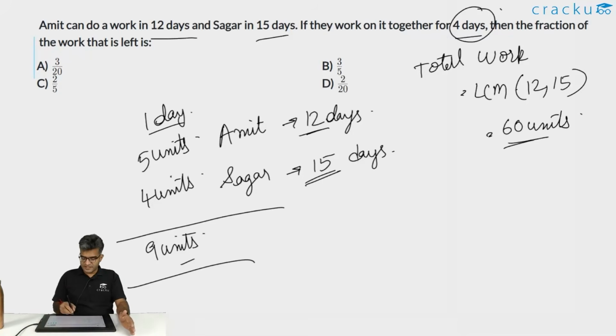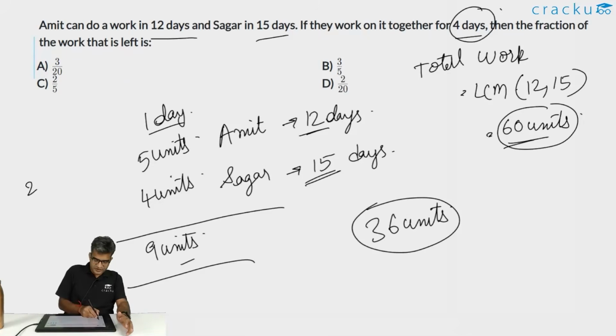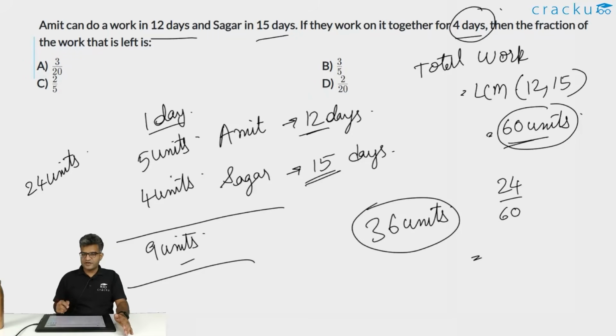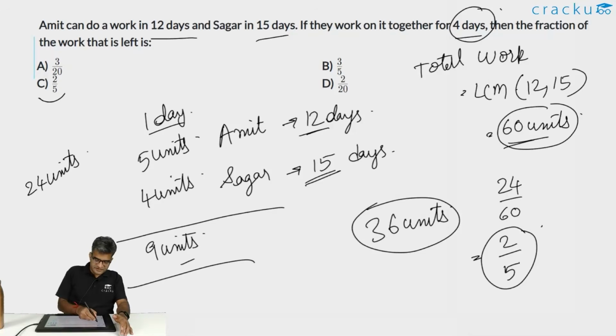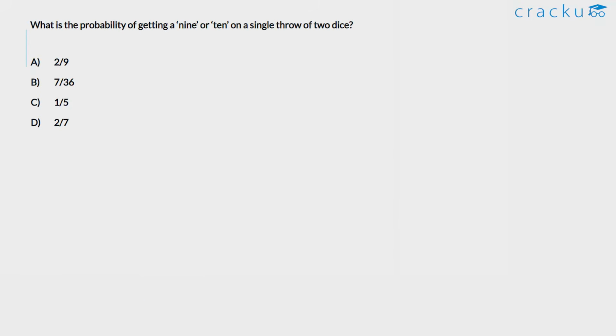So the total work that they do will be 36 units. So what is the amount of work that is left? It will be 60 minus 36, which is 24 units. So the fraction of work that is left is 24 divided by 60. If you divide the numerator and denominator with 12, it will be 2 by 5. So the answer for this question is option C.